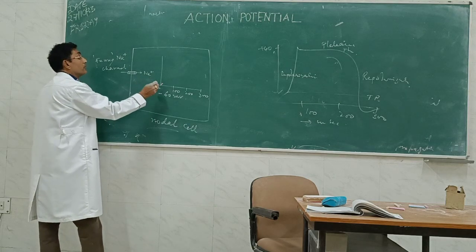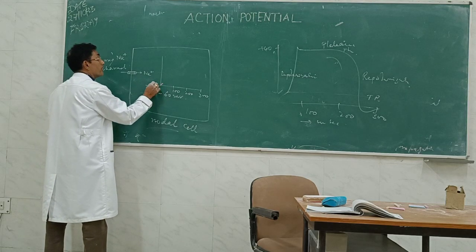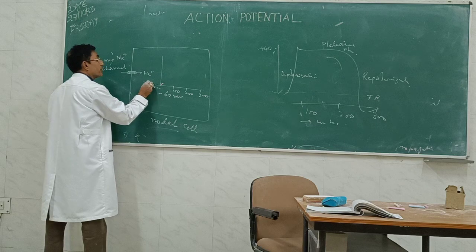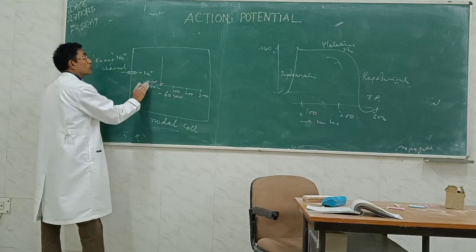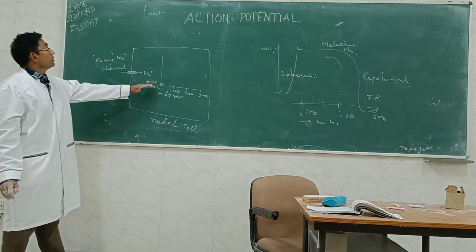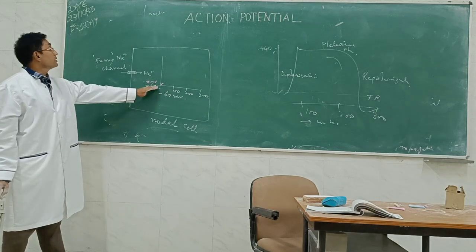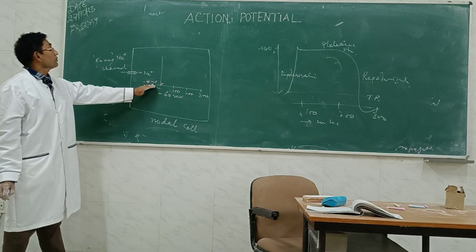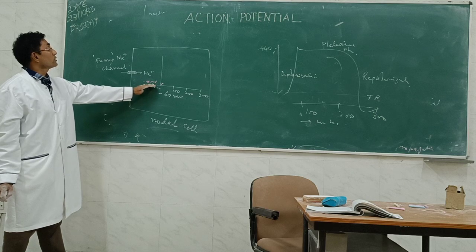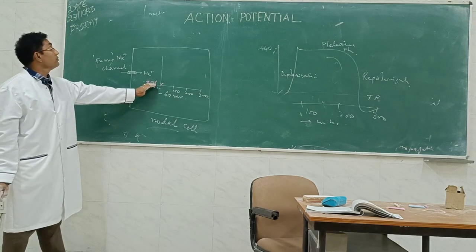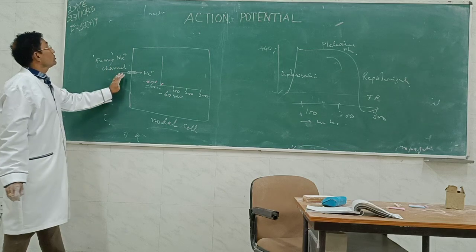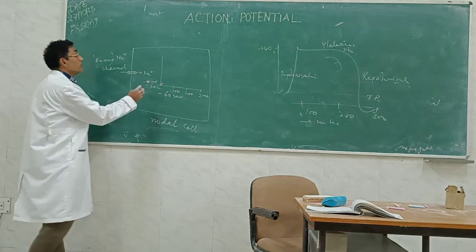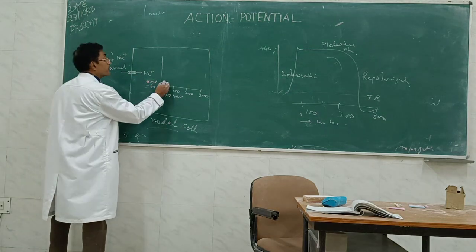As soon as there is a stimulus, there will be entry of sodium ion, and that becomes, say, minus 55 millivolt. So a little positivity you can see, or the negativity of this value will turn towards positive. Say it is minus 55 millivolt because of this funny sodium channel, and then this will help to stimulate.